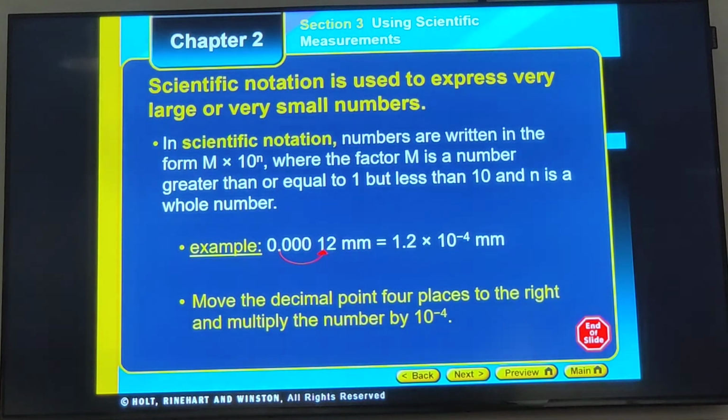So I have to do something that makes the number smaller. The times 10 to the -4 is smaller. So if I make the number bigger by moving the decimal, then I have to do the opposite with the times 10 part. If I made the number bigger, I'm going to have a negative exponent. If I made the number smaller, I'm going to have a positive exponent.